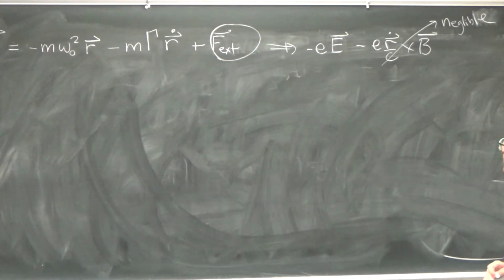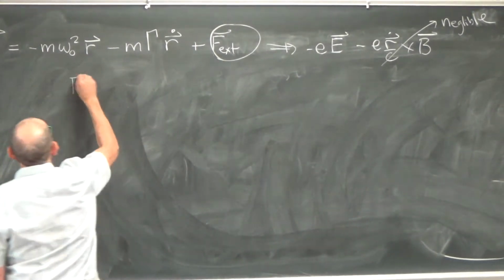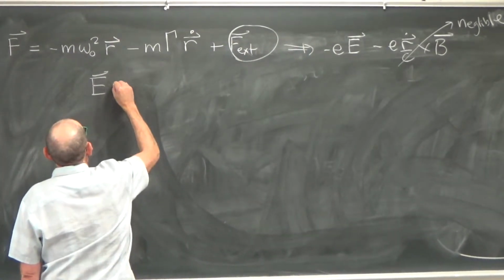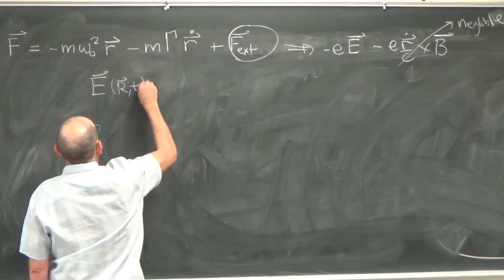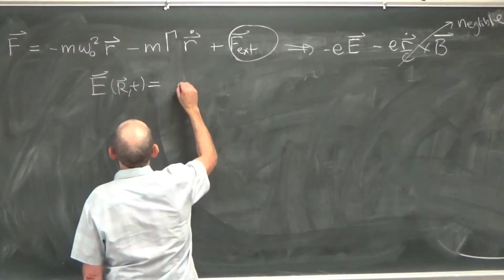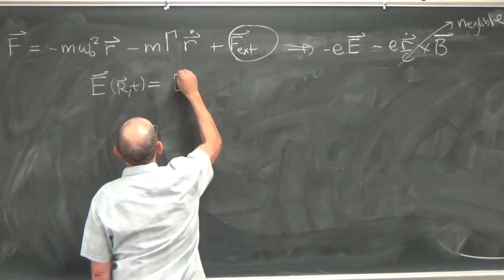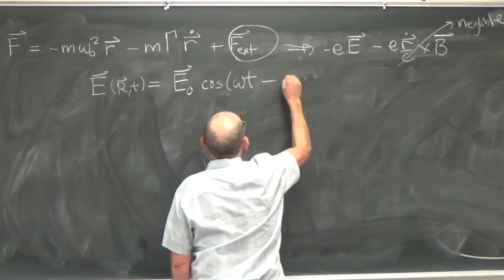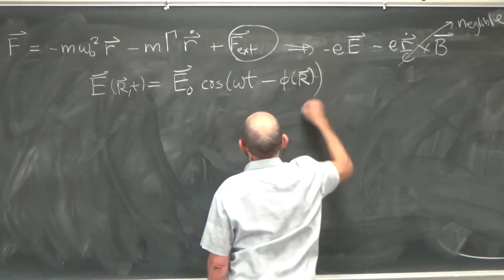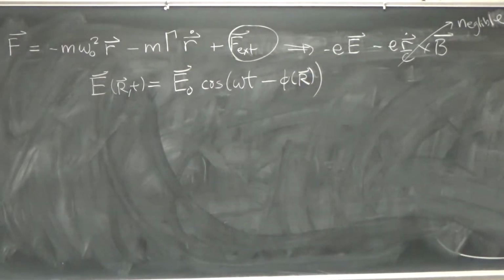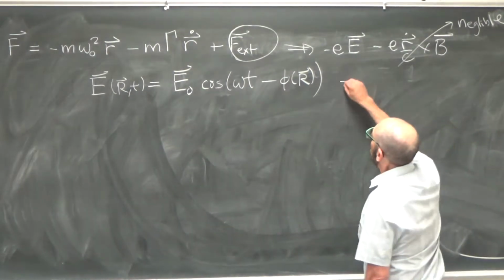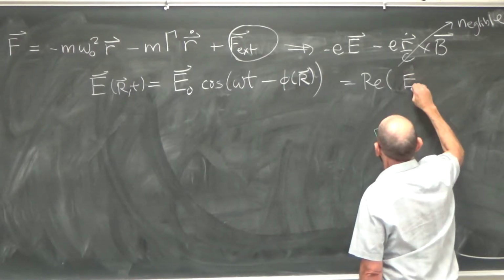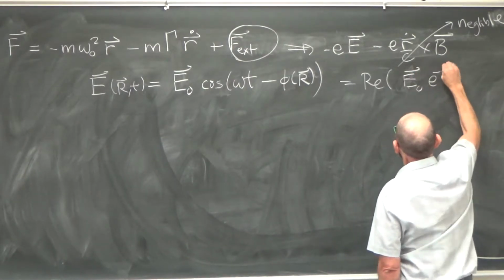Okay? So my electric field here at the center of mass position of the atom, we'll take it to be a linearly polarized field oscillating at some frequency omega, and we'll allow it to have some phase at the position, which we can write in terms of the complex amplitude.